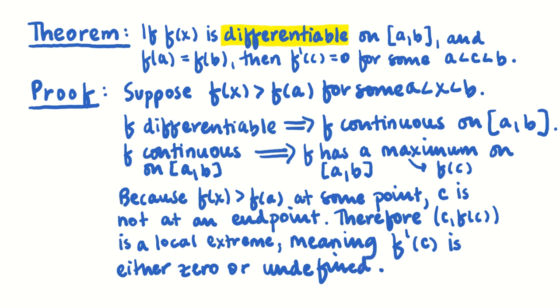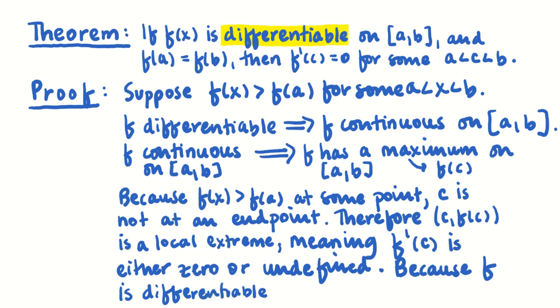I'm going to really emphasize my conclusion, which is that because of the conditions of the theorem, because f is differentiable, undefined is not going to be possible. That means f prime of c equals 0. And like I described, c has to be in the interior of the interval.